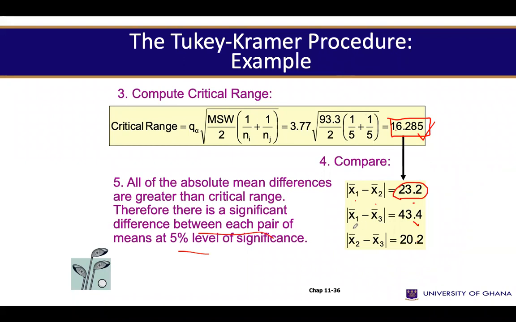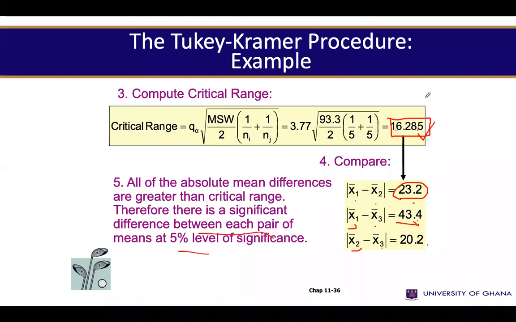Then if you compare group 1 and 3, we have 43.4, which is bigger than the 16. So group 1 is also significantly different from group 3. Then when you look at group 2 and 3, it is 20.2, and we are comparing with 16.285. So 20 is bigger than 16. That tells us that group 2 is also significantly different from group 3.